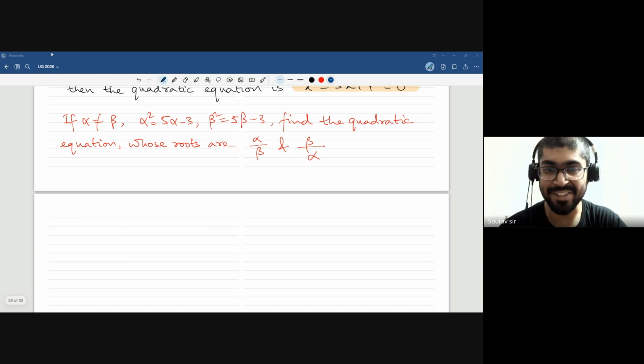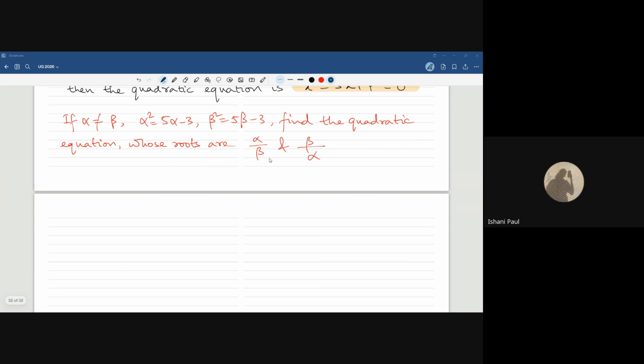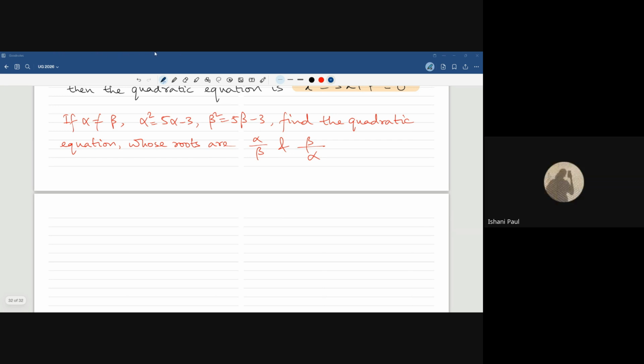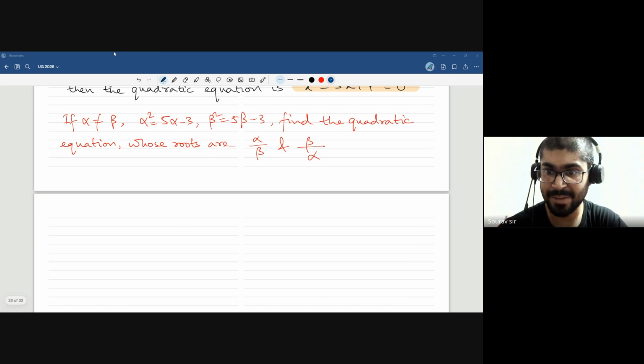Okay, you might have done the entire sum correctly, but you are missing something towards the end. How will you get the value of alpha and beta? You will get the value of the sum and product, alpha plus beta and alpha beta. You will be getting those two values.